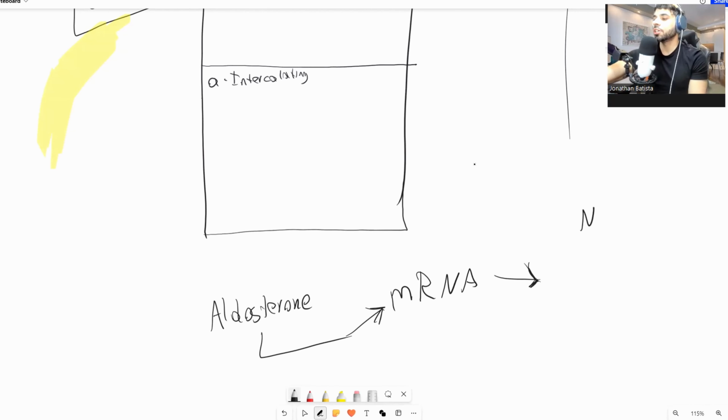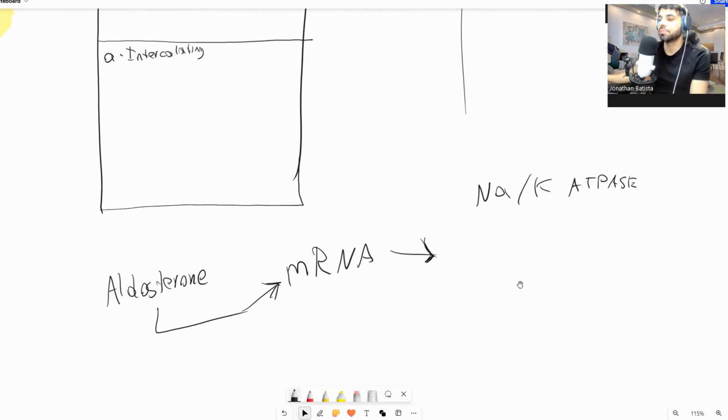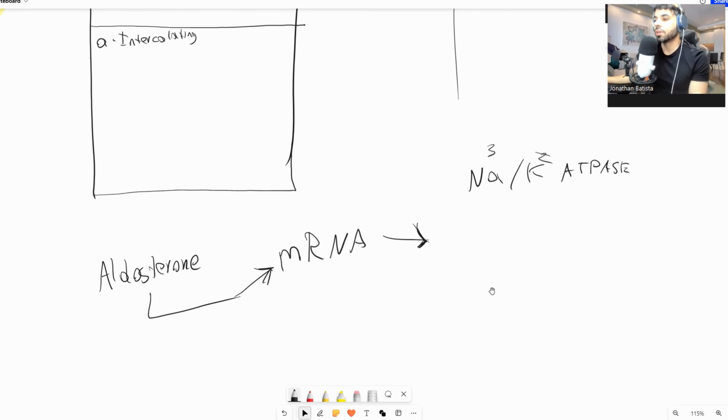One channel is the sodium, potassium, ATPase, the good old sodium, potassium, ATPase that we know so well, right? This is everywhere in physiology. We understand this one. 3 sodium ions basically going out, and then you have 2 potassium going in. Okay. Then, of course, we have something called ENaC, and I'll show you this.